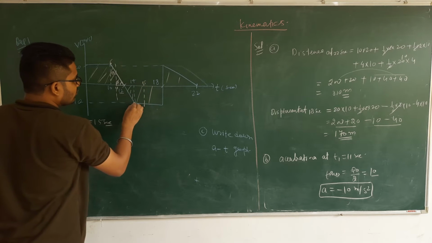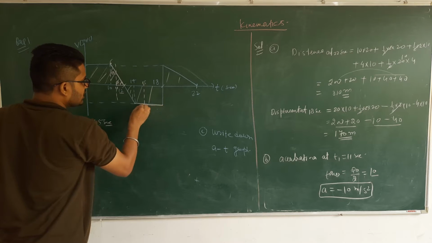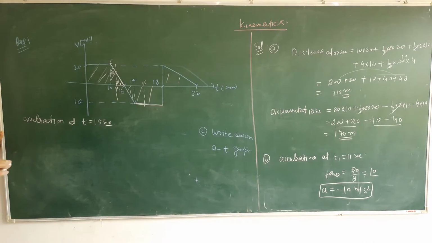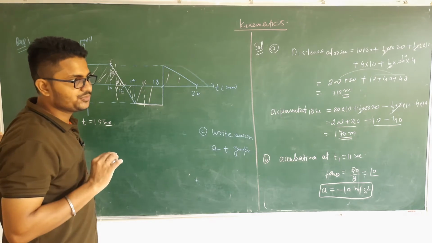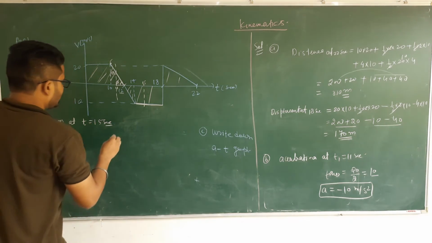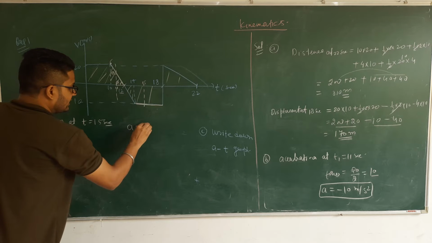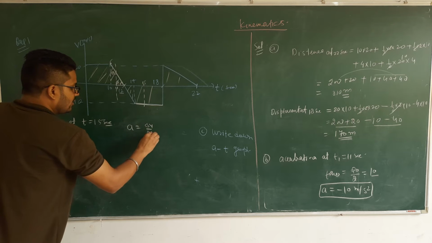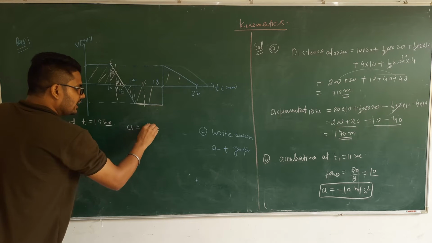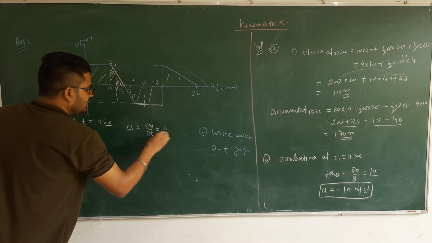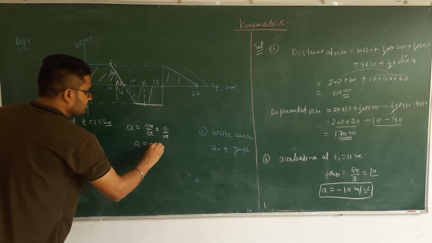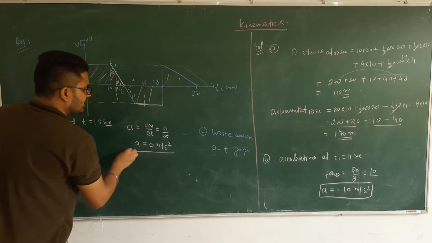So velocity is constant with time. If velocity is constant with time, there is no rate of change of velocity, then acceleration is 0. What is the acceleration? Delta v upon delta t. But delta v here is 0. So obviously there is no meaning of delta t. So here acceleration is 0 meter per second square.